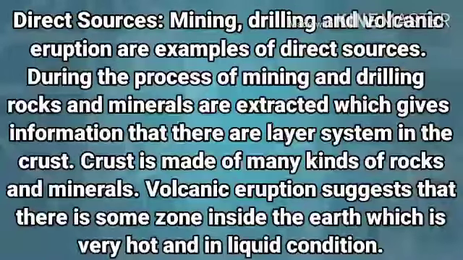During mining and drilling, rocks and minerals are extracted, which gives information that there is a layer system in the crust. Crust is made of many kinds of rocks and minerals. Volcanic eruption suggests that there is some zone inside the earth which is very hot and in liquid condition.